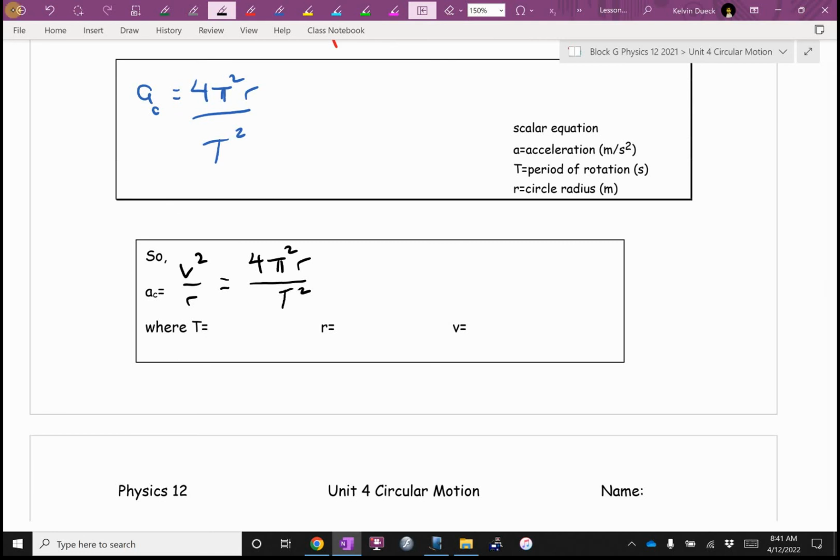Where t is the period in seconds, how long to go around once. r is the radius. And v is 2 pi r over the period.